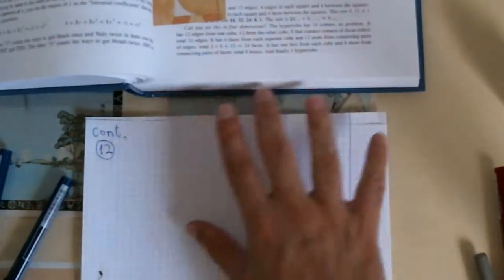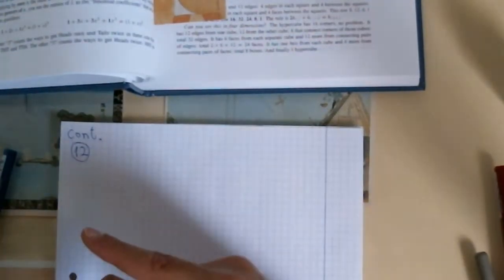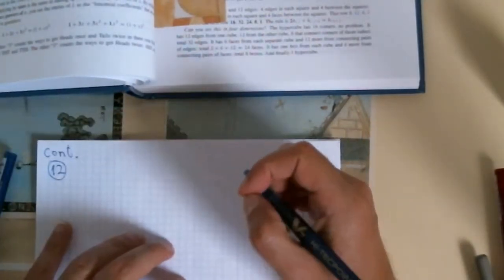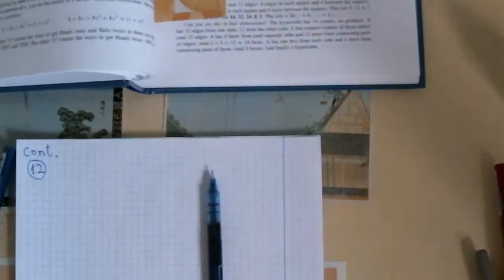I will not read you all of it. He gives the Pascal triangle. We don't know matrices yet, so I'm not giving you the matrix. I will just draw here the Pascal triangle. Let me take it from Wikipedia, so I'm not making a mistake.